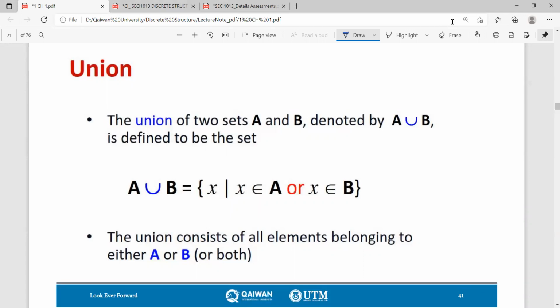For the union of 2 or more sets, we write down all the elements of the given sets without repeating.